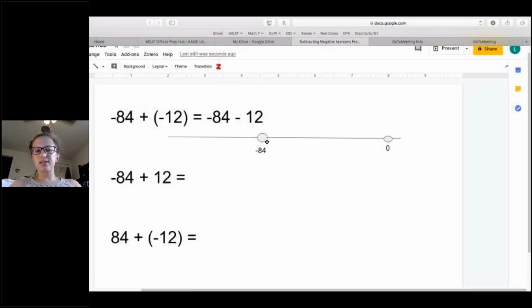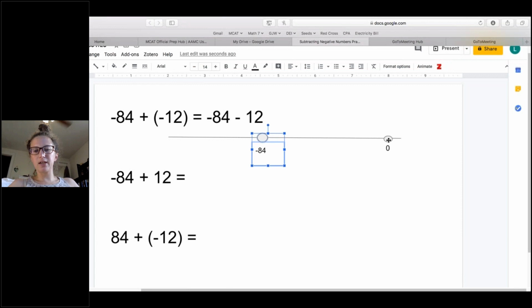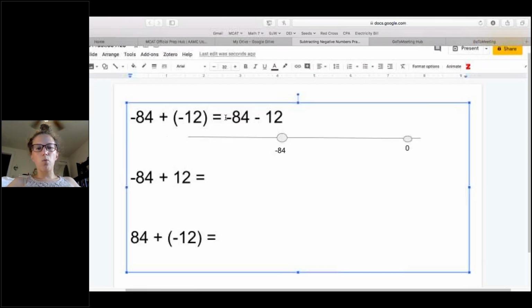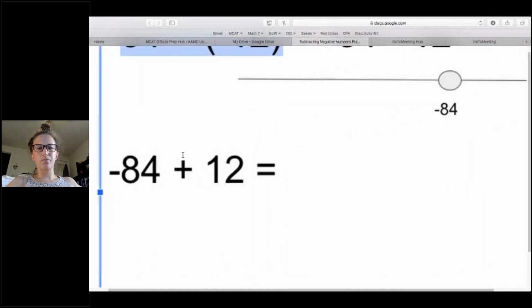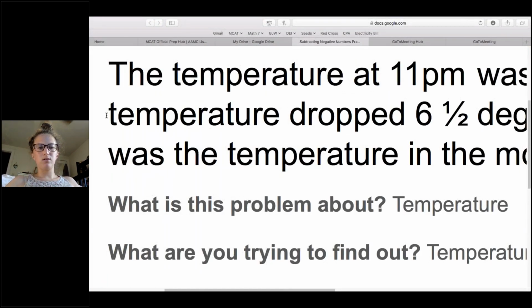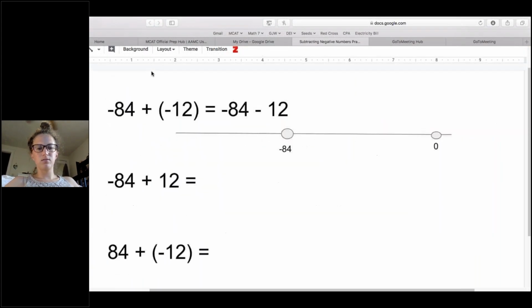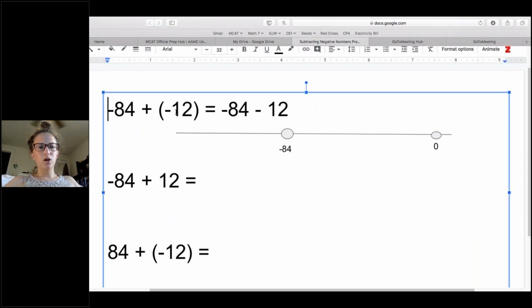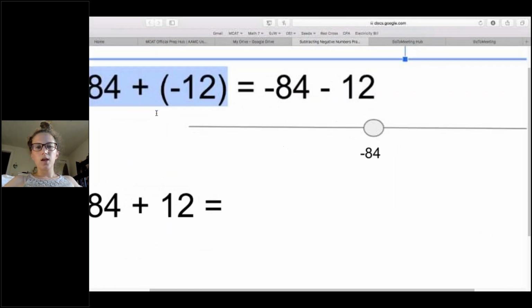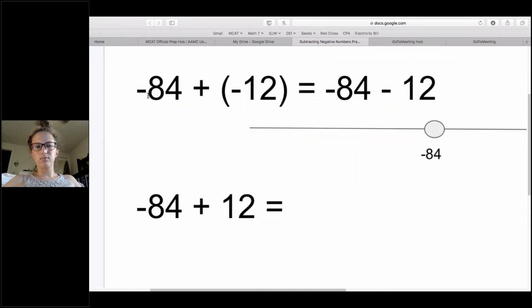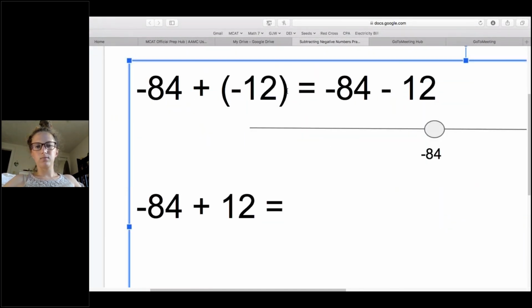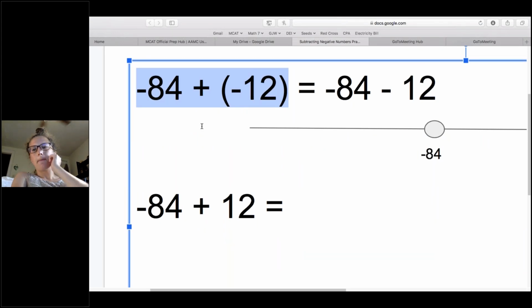Instead of thinking about this like subtraction, because we're going to come back to it, I want to actually look at the addition problem first. So here's the problem written as addition: negative 84 plus negative 12.